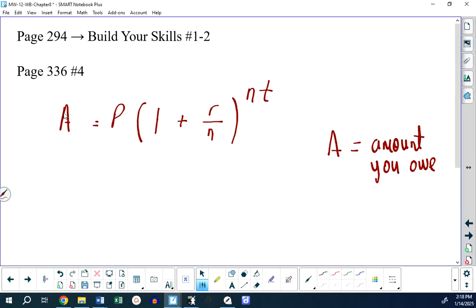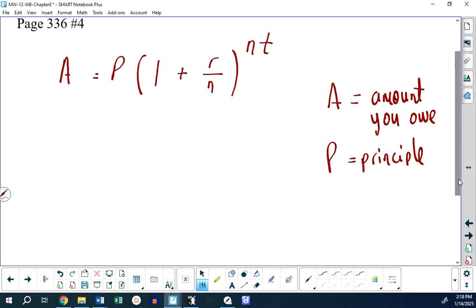P is called the principal, which is the amount that you borrow. R is the interest rate in decimal form.